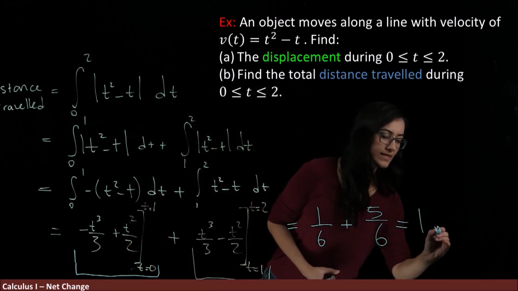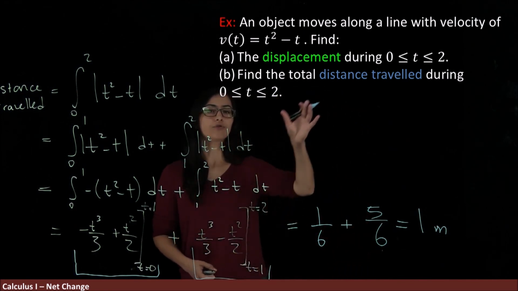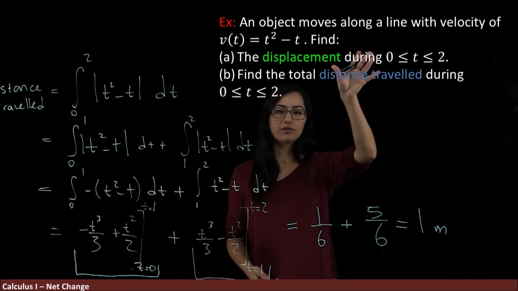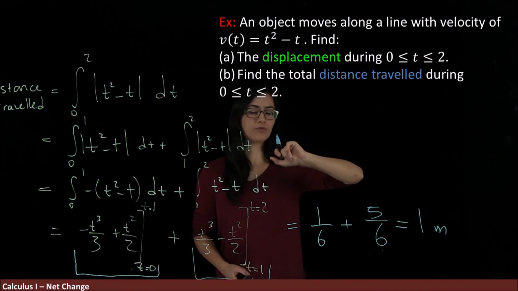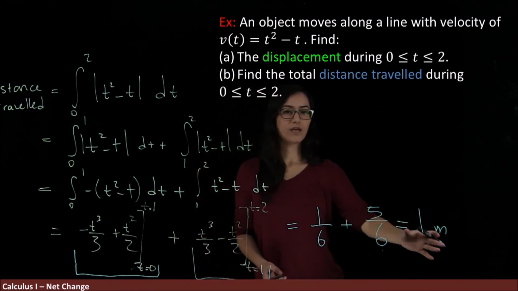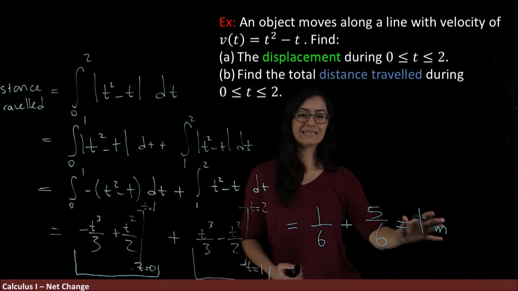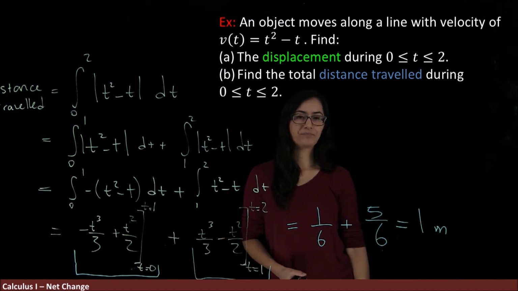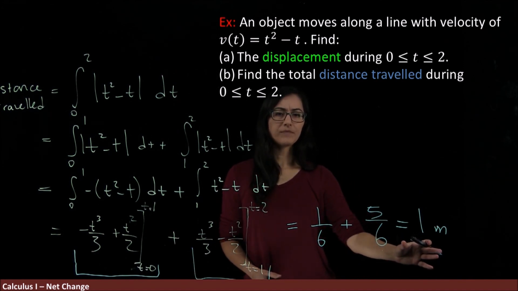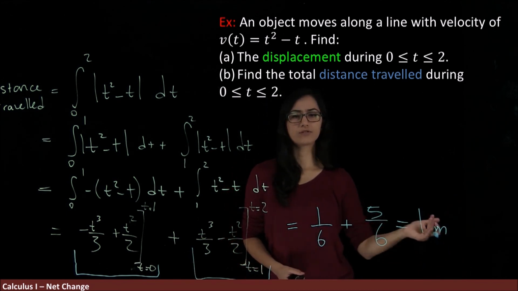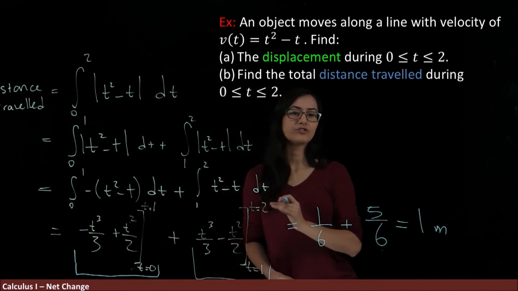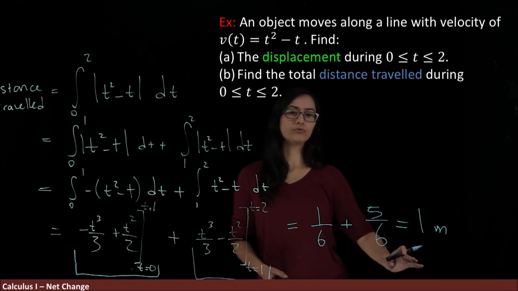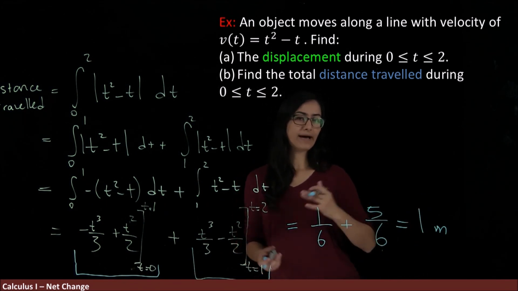So as you can see, in the first part for displacement, we got 2 over 3, if I remember it correctly. And for part 2, the distance traveled ended up being larger, which we expected, because the object was going in an opposite direction, and this actually includes going back and forth.